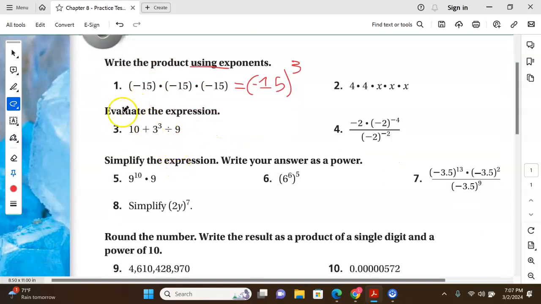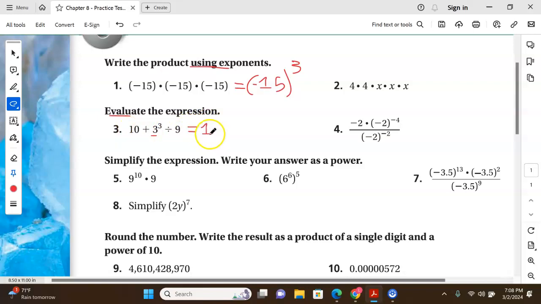Number 2, now it says evaluate the expression. So when you evaluate, make sure you follow the order of operations. I see there's an exponent right there. So the first thing I need to do is the exponent, and then I have to divide before I add. So again, exponent first, and then you divide, and then you add. So follow the order of operations.